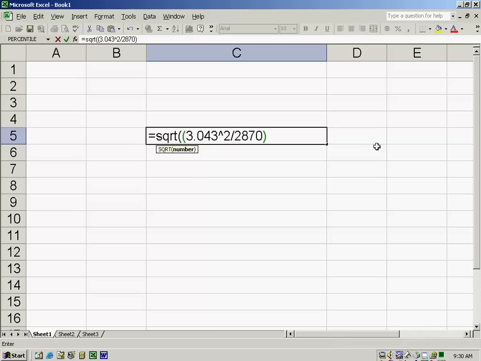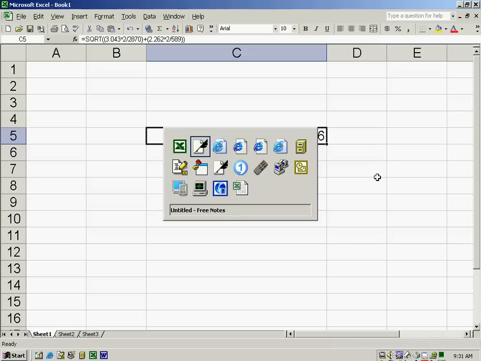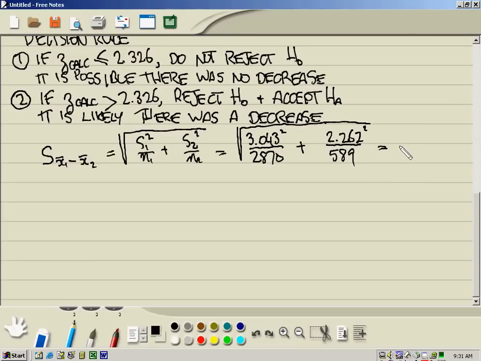Finish the parentheses on the first fractional ratio, plus an open second set of parentheses for the second one, 2.262 squared divided by the sample size 589, close parentheses for the second term and close parentheses for the square root. And the answer to 4 places is 0.1091. Alright, so 0.1091 for the standard deviation.